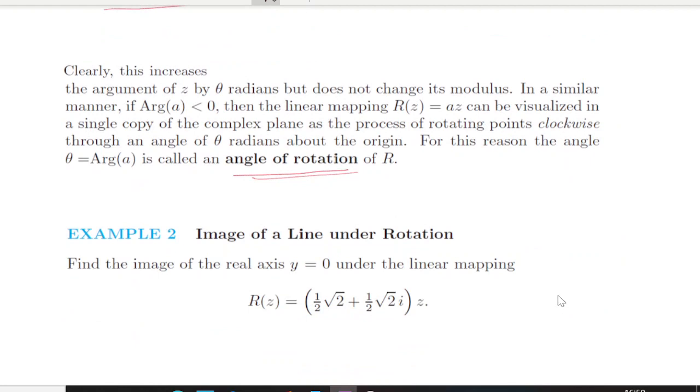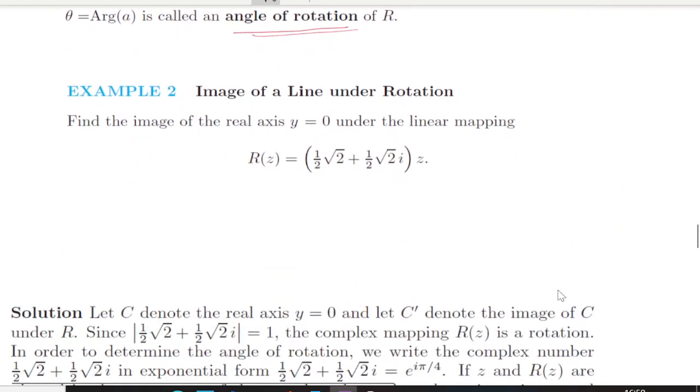Now we want to find the image of a line under rotation. Here it is given that we want the image of the real axis, y equal to 0. We want to find the image of this under this map.